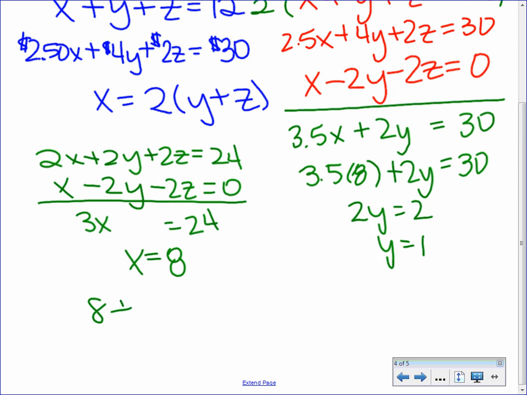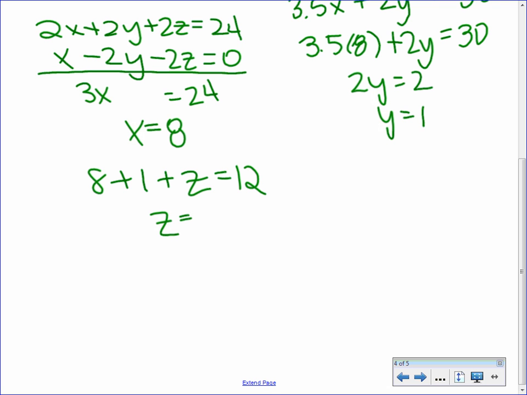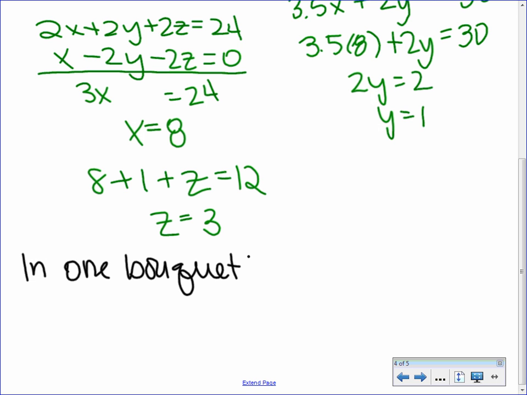So z is? You will not give me an ordered triple for an answer. Okay? They are asking us to tell them how many flowers of each they need in one bouquet. So, in one bouquet, there are 8 roses, 1 lily, and 3 irises.